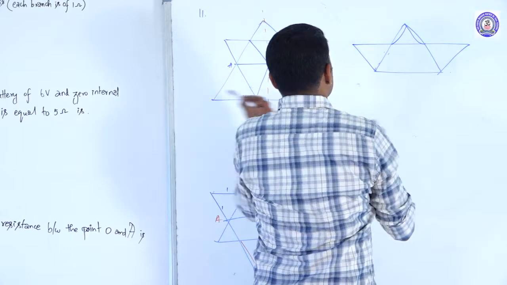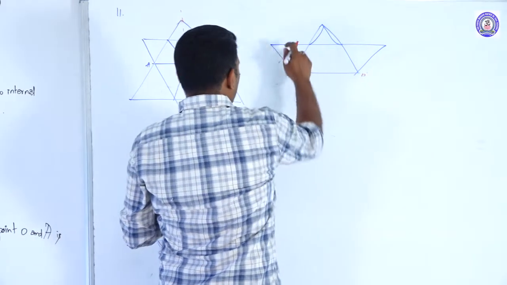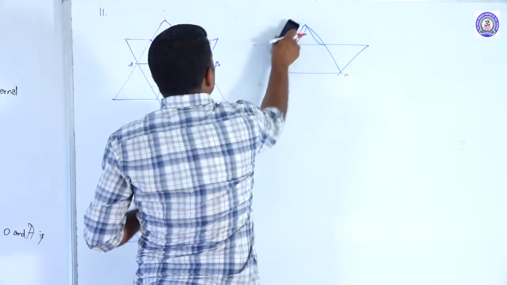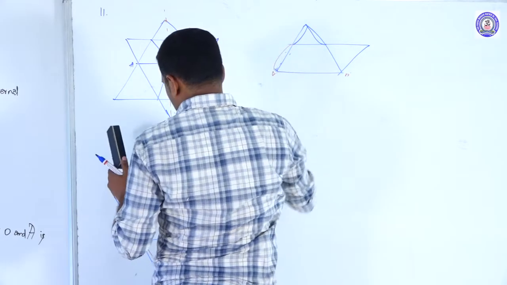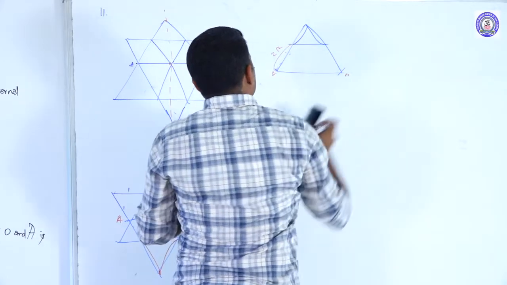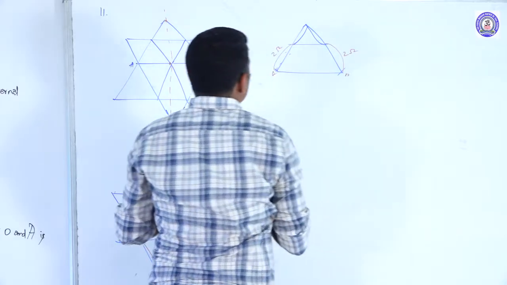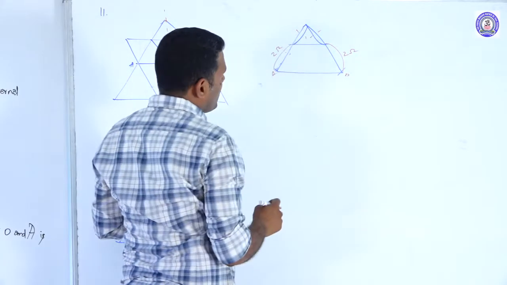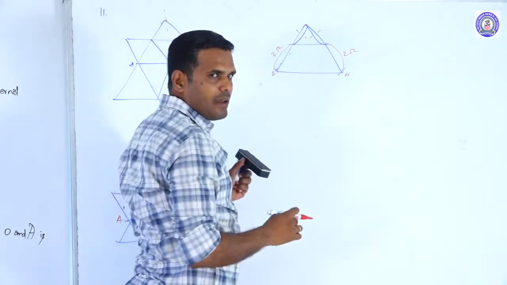If you look at the case, these two are in series, so effective resistance can be taken as 2 ohm here. These two are in series, so 1 ohm and 1 ohm in series will become 2 ohm. This one is 1 ohm, 1 ohm, 1 ohm, 1 ohm. This 1 ohm and 1 ohm are in parallel because this is a common potential point. This 1 ohm and 1 ohm are in parallel.